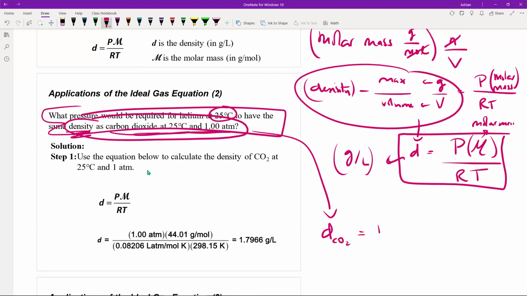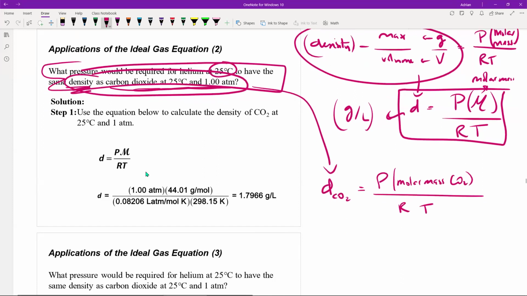That'll be equal to the pressure that it's being subjected to times the molar mass of CO2 divided by gas constant times temperature. So the pressure is given, that's 1.00 atmospheres. The molar mass of CO2 is 44.01 grams per mole.